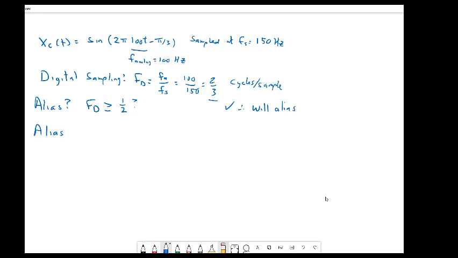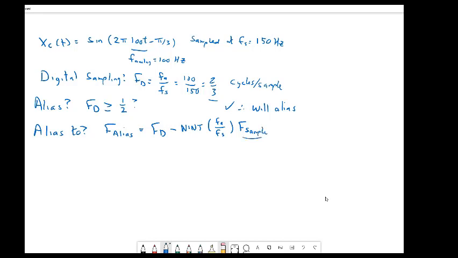And now we want to determine what digital frequency does it alias to. And if we take the discrete time version of our aliasing computation, we would start with the digital frequency, and then we subtract off integer multiples of the sampling rate. The sampling rate in discrete time is integer values. Sampling rate equals 1, 2 times the sampling rate equals 2. And so what we want to subtract off is the nearest integer to the ratio of the analog frequency to the sampling rate, and multiply that by the sampling frequency in discrete time form.